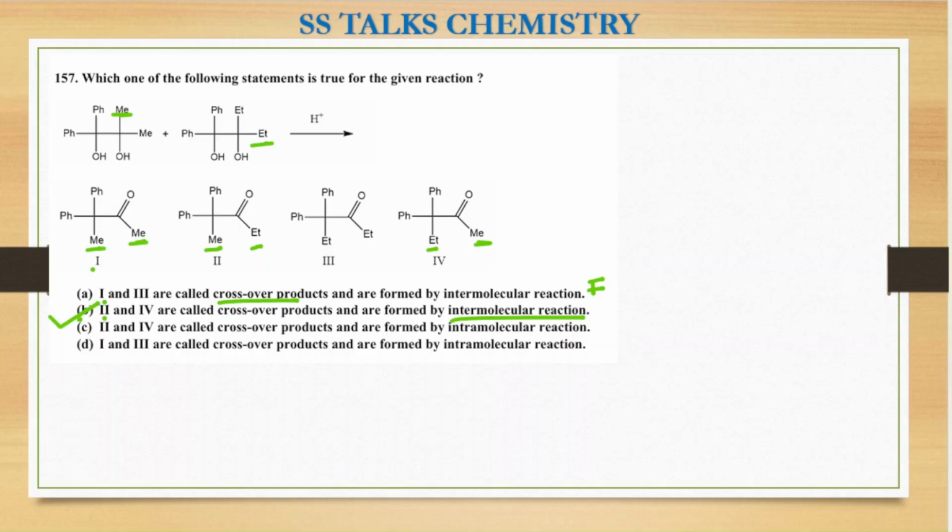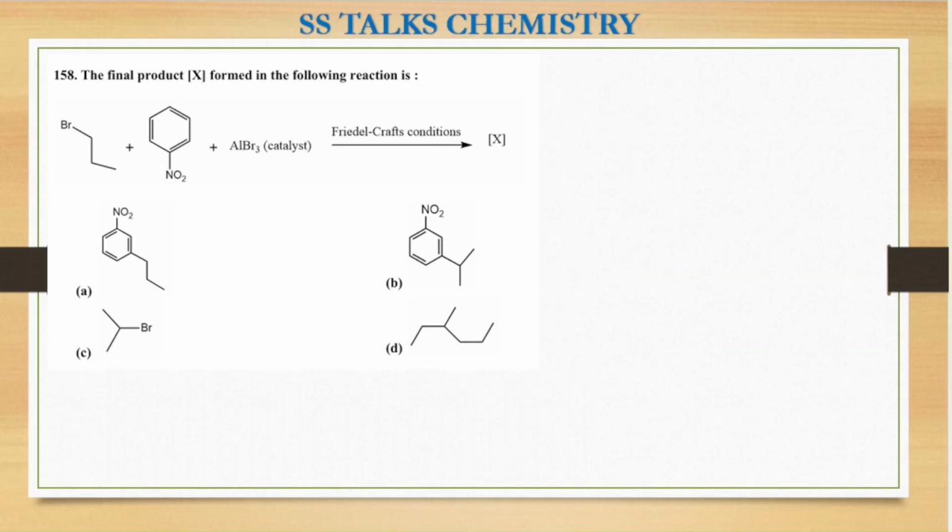Okay. So now let us move on to the next, that is this one. It says now the final product X that is formed in the following reaction, you have to find that. So here you can see again an alkyl halide has been given to us and the Lewis acid has been passed over here. So this is going to result in the formation of basically a carbocation species.